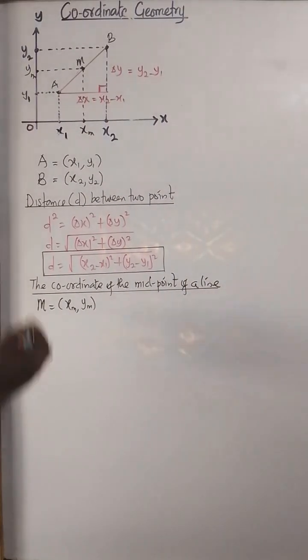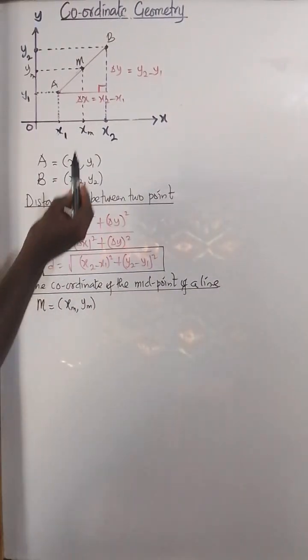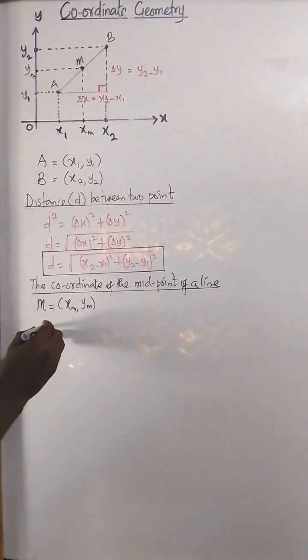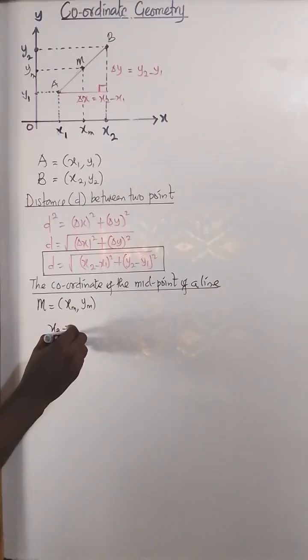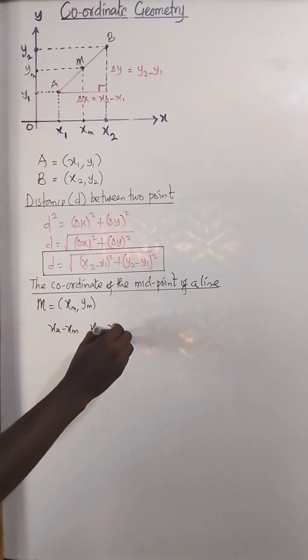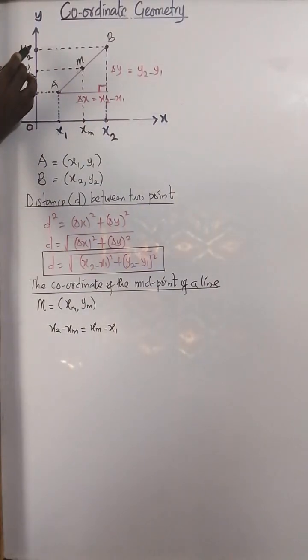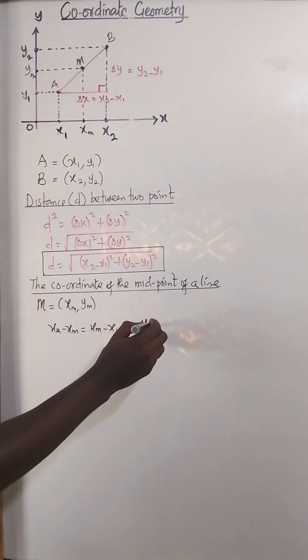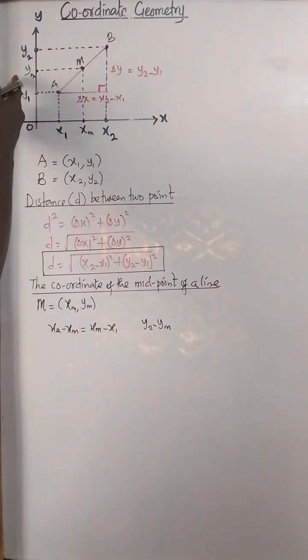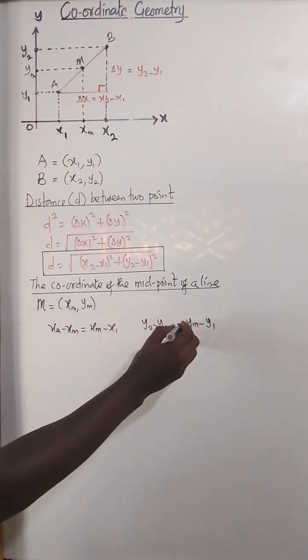From here, it is obvious that the distance between x1 and xm is the same as between xm and x2. So from here we can say x2 minus xm should be the same thing as xm minus x1. Same goes for y. y2 minus ym should be the same as ym minus y1.